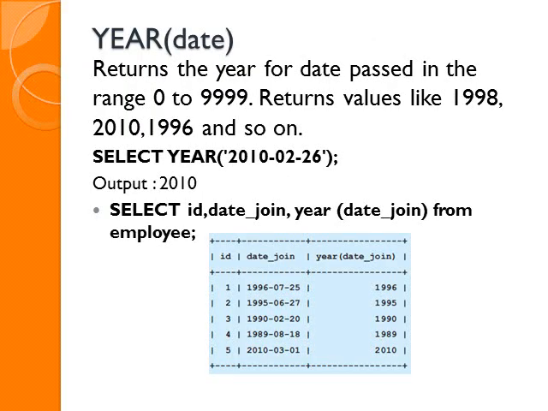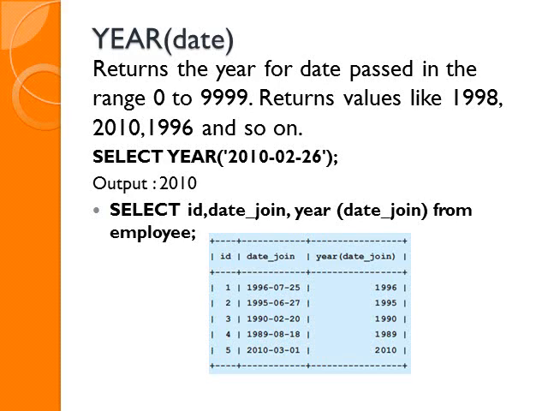YEAR. YEAR returns the year for the date which is passed in the YEAR function and ranges from 0 to 9999. It returns values like 1998, 2010, 1996, 2019, 2020, etc. So SELECT YEAR, within parentheses 2010 February 26.